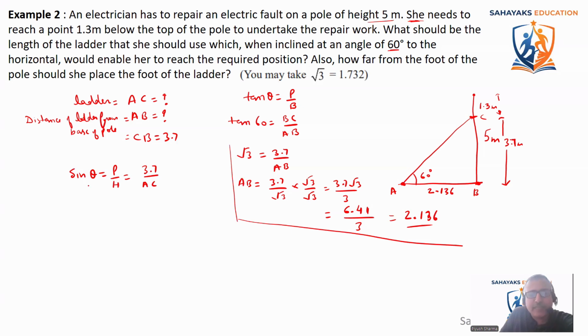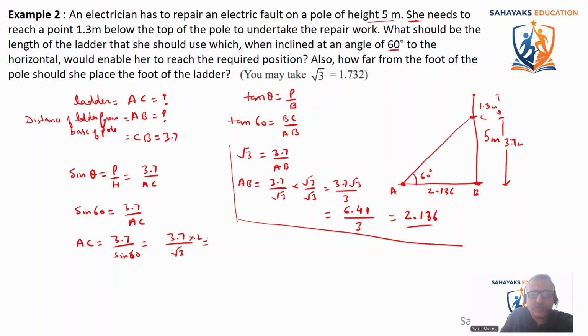Here sine of 60 is equal to 3.7 divided by AC. So here AC comes out to be 3.7 divided by sine 60. And value of sine 60 is √3 by 2. So I'll just say √3 divided by 2. So 2 will come up.